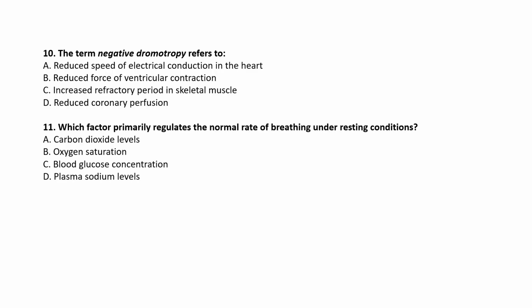That's just slowing of the heart essentially. Now, which factor primarily regulates the normal rate of breathing under resting conditions? This is based on what kind of sensors we have in blood vessels and in the body.